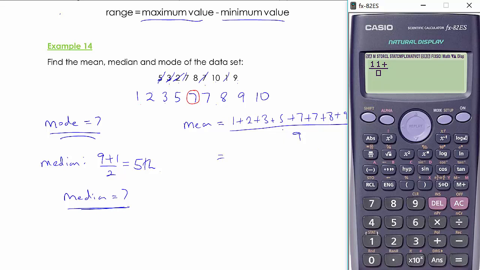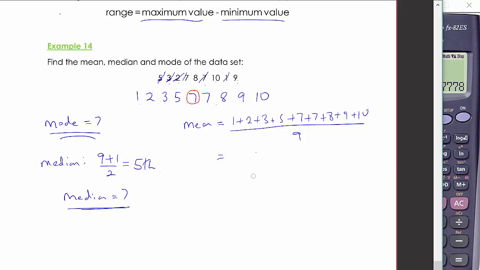Add, so then the 2 7s, 14. And what do we have? An 8, a 9 and a 10. So 8, add 9, add 10. And divide that by 9. And that gives us 5.7 recurring by the looks of it.